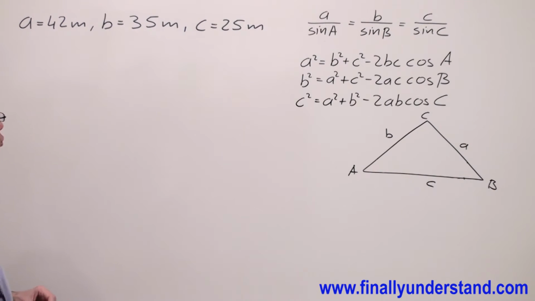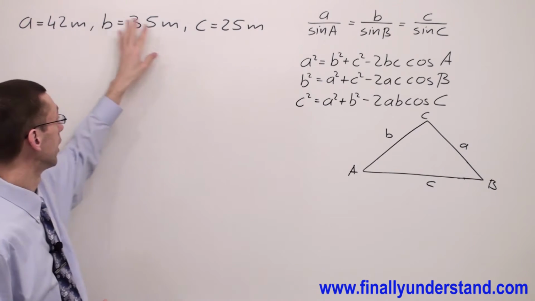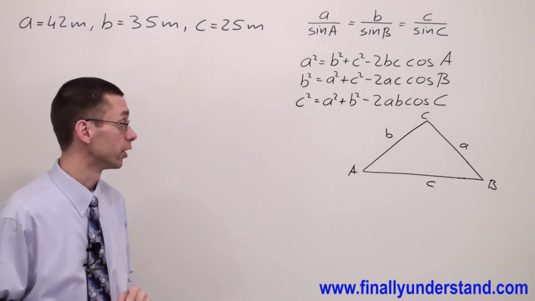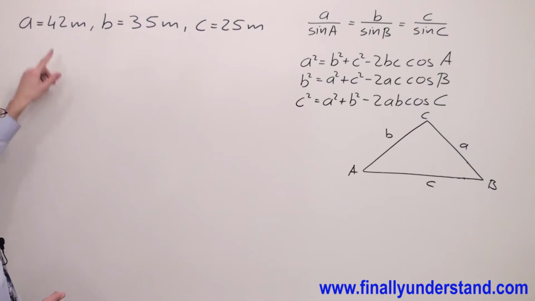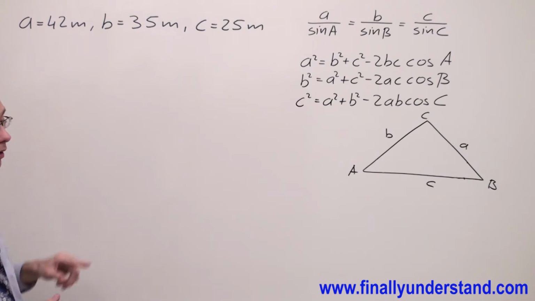Next, we're supposed to look at the lengths of the sides, choose the longest side, and use law of cosine to find the angle which is across the longest side.